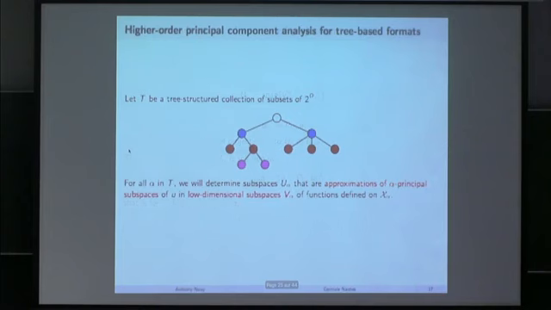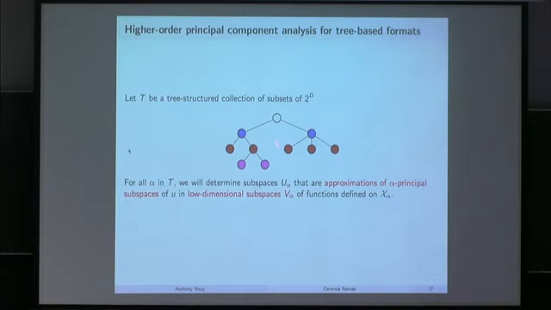So now, how to extend this notion of PCA when you have this tree-based format? Consider that you have a tree like this. The idea will be not to compute the true alpha principal components of a function, because usually these functions are functions of many variables, so you will not be able to obtain them exactly, but we will try to approximate them.